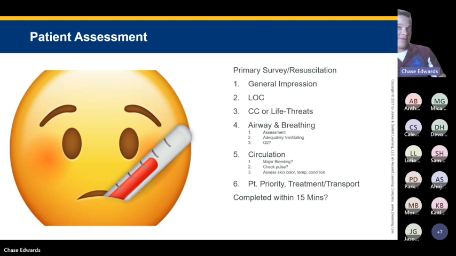So we're assessing for major bleeding, checking his pulse, and assessing skin color, temperature, and condition. There's no active bleeding. He has a rapid and strong pulse, and his skin is pale and cool. So he has circulation. All right, we're moving on.